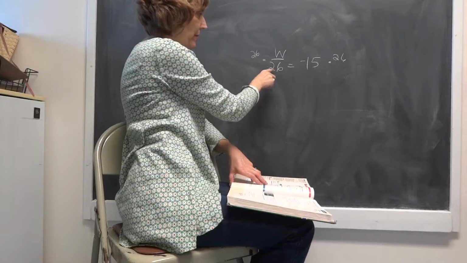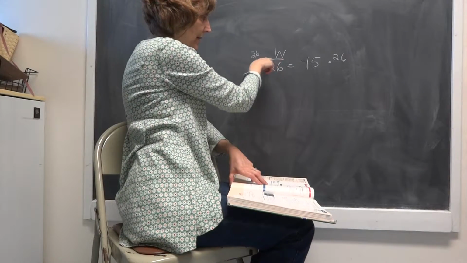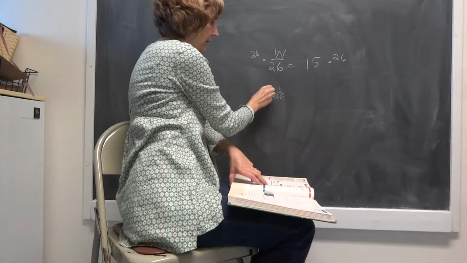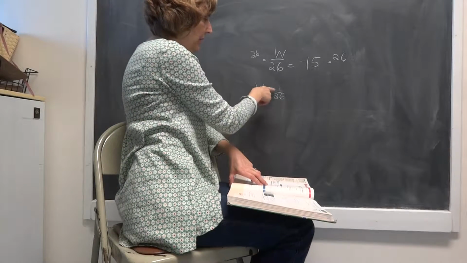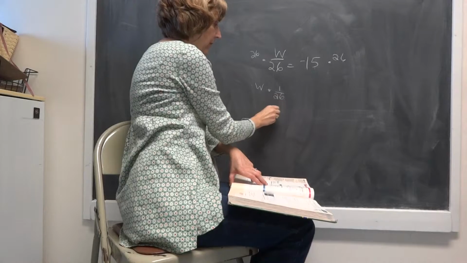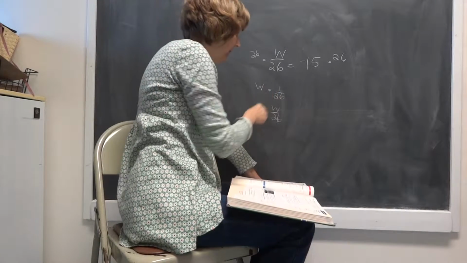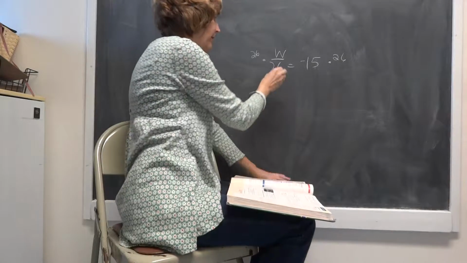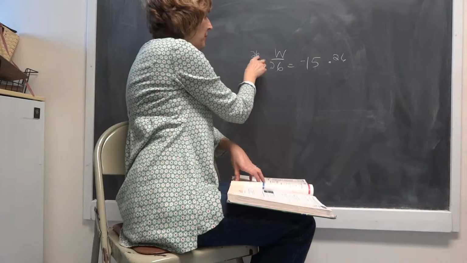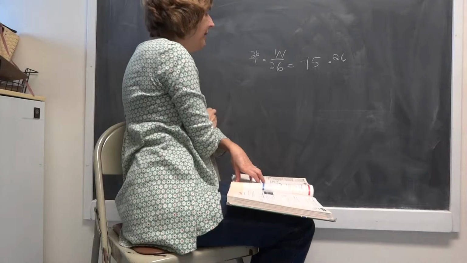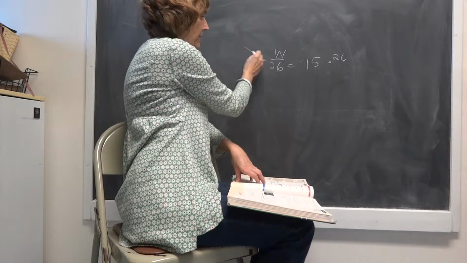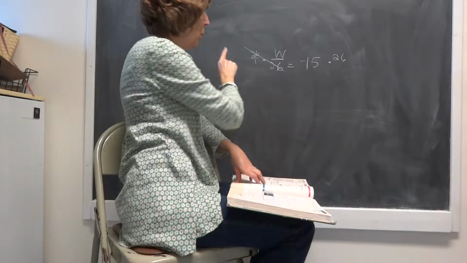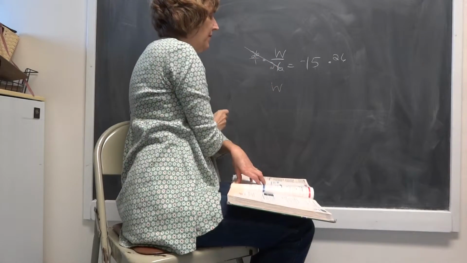When 26 is in the denominator, that's the same as 1 over 26. W times 1 over 26 is w over 26. So 26 is in the denominator because it's part of a fraction. By multiplying by 26 over 1, I am now canceling that out. The numerator over the denominator equals 1, and 1 times w is w by itself.